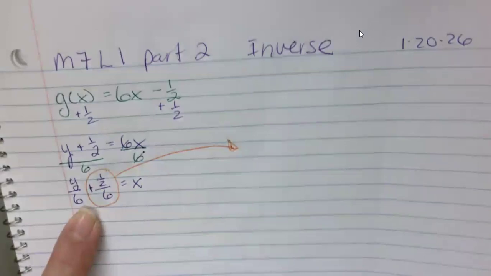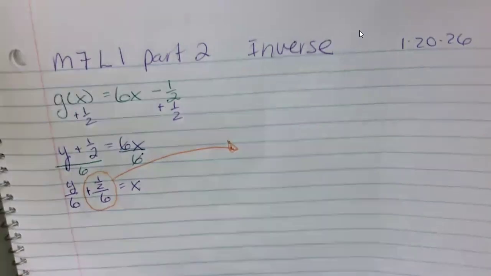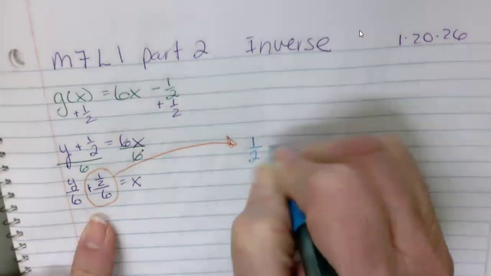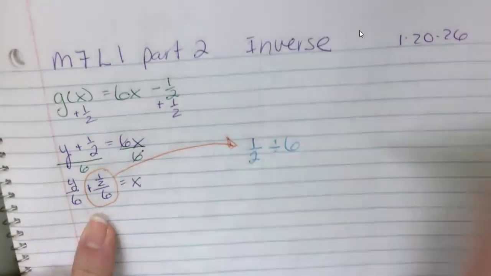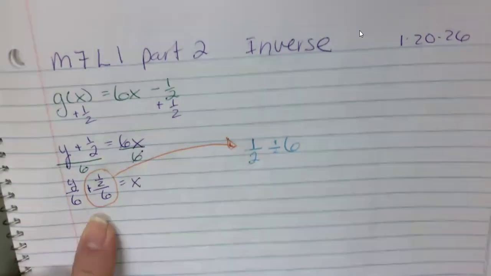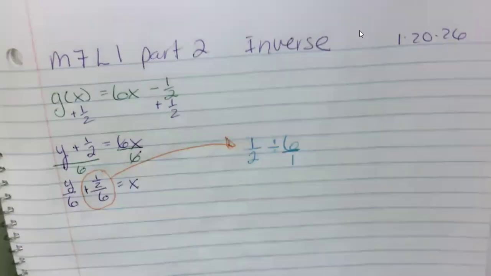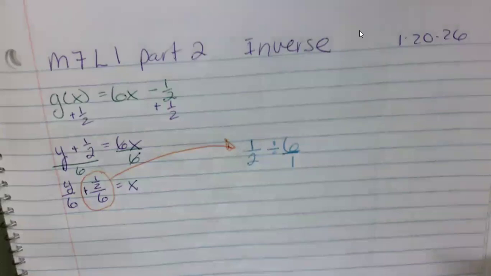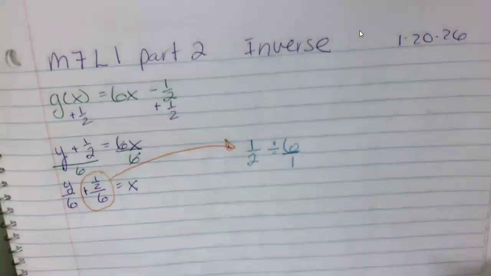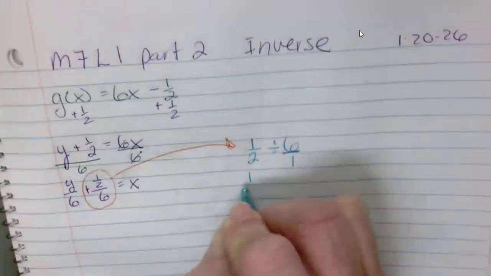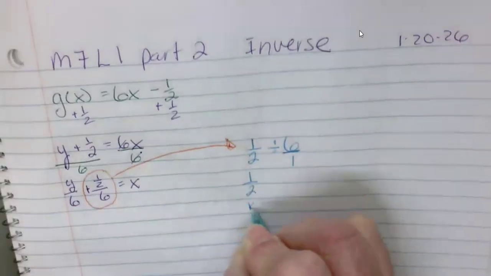All right. So this is saying 1/2 divided by 6. Now I'd like to make this into a fraction so that I can use my dividing by fractions review that we just did. So in my dividing by fractions review, I know that I keep the first fraction.